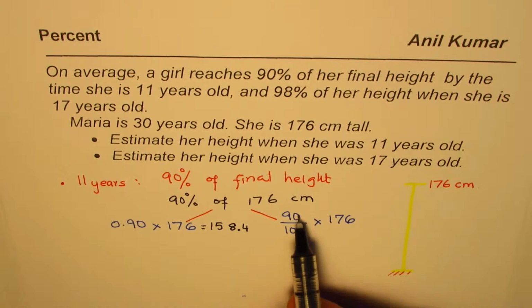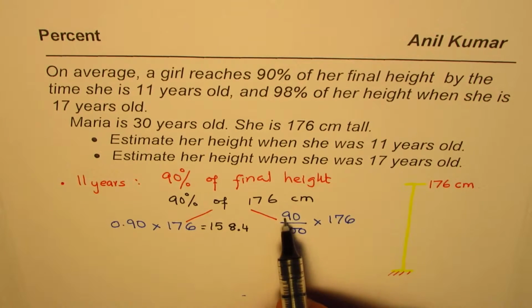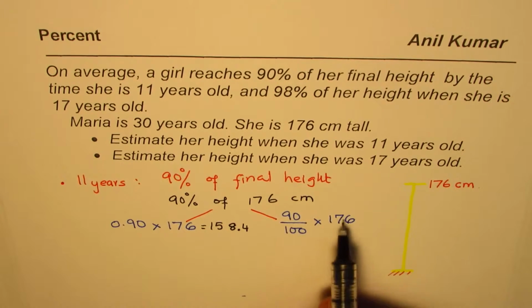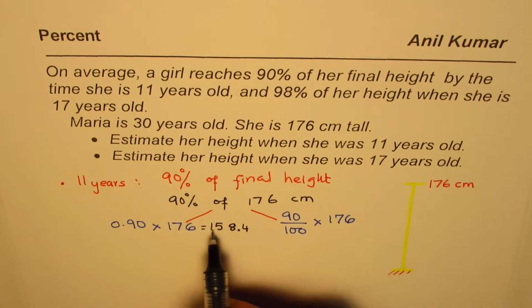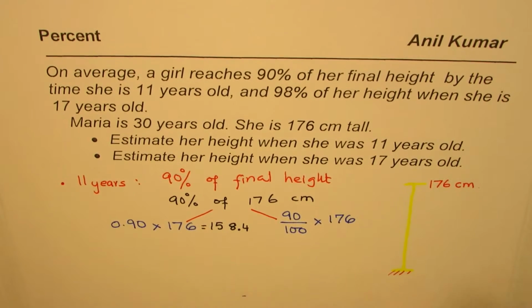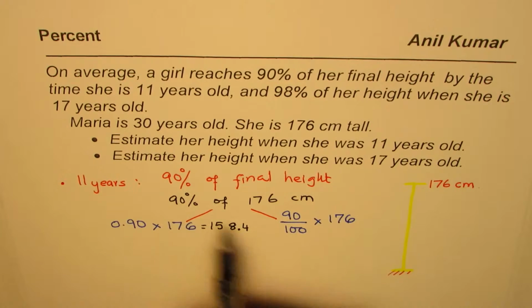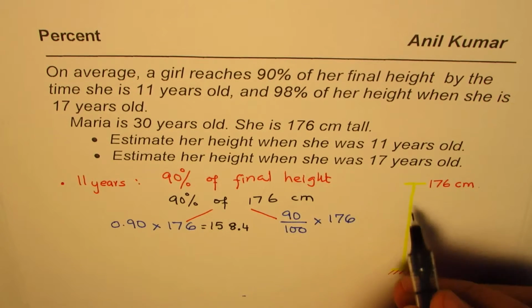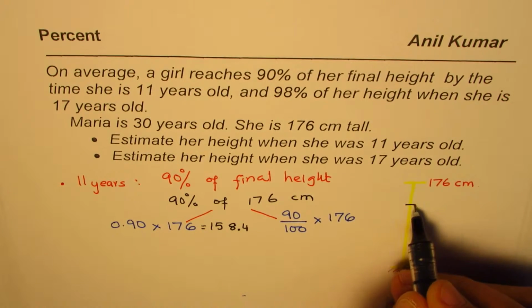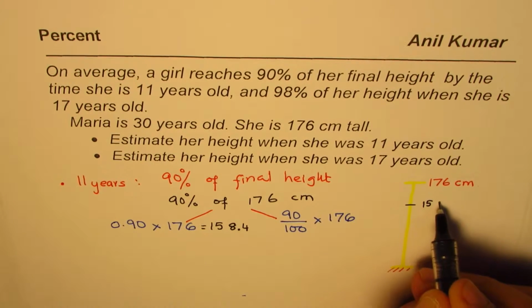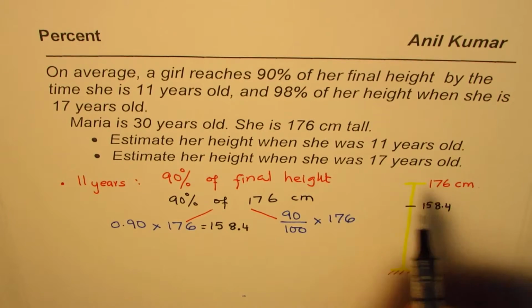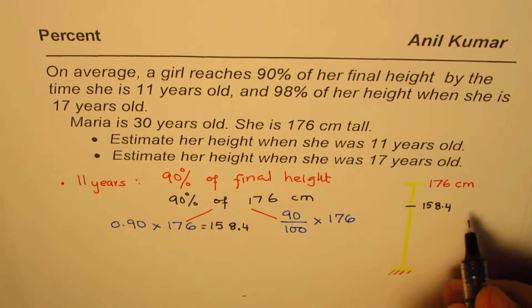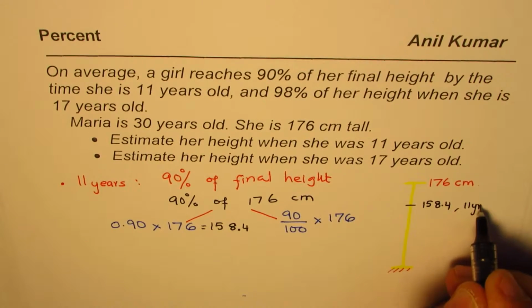If you do this, 0 and this cancels, that gives you 0.9. Do you see? Or you could multiply and then divide by 100. Either way. So what you get here is 158.4. So 158.4, 90% of this height. So that becomes the height of Maria when she is 11 years old, right?